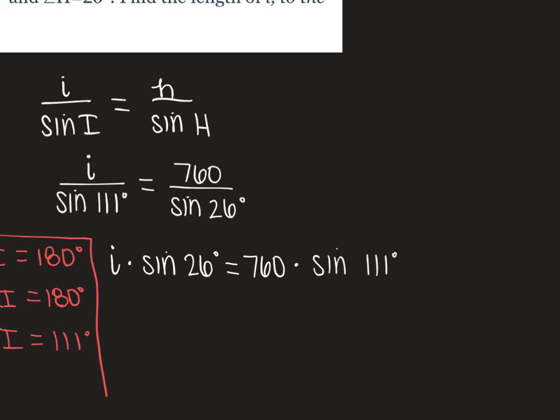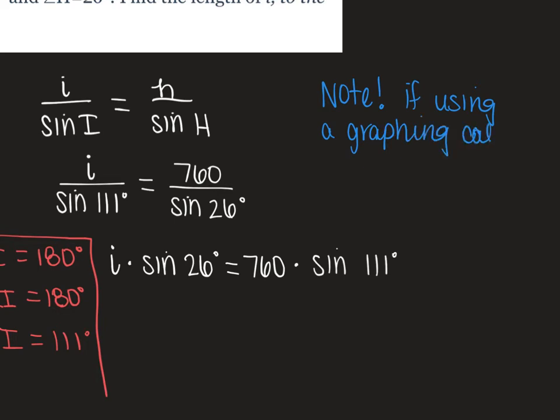You can use a calculator here, and I absolutely suggest that. There's no way you can do this without a calculator. I do want you to make sure that if you are using a graphing calculator that your mode is in degrees. That's a big note over here: if using a graphing calculator, make sure the mode is in degrees.